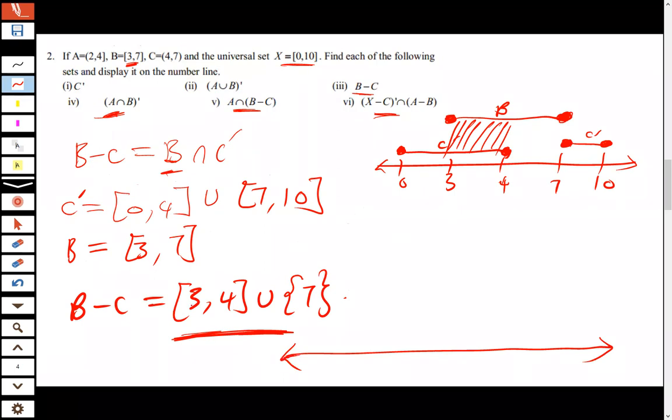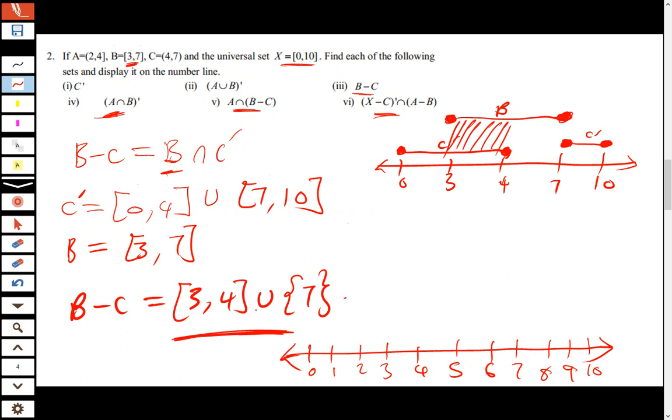We just put the answer on the number line. So we have numbers ranging from 0 to 10. 1, 2, 3, 4, 5, 6, 7, 8, 9. Then we have 10.